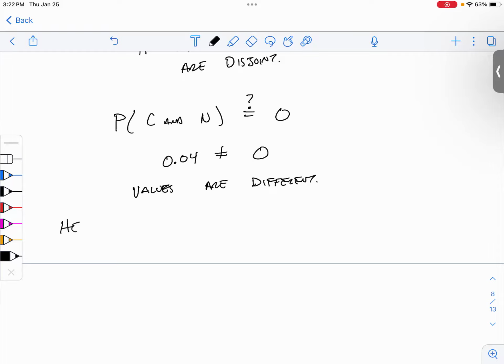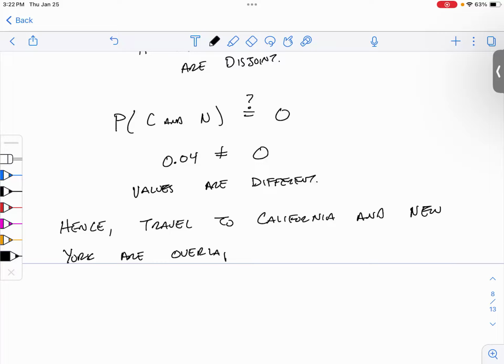Hence, travel to California and New York are overlapping events.